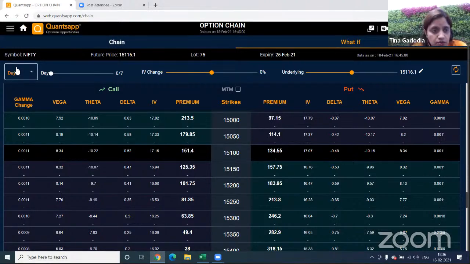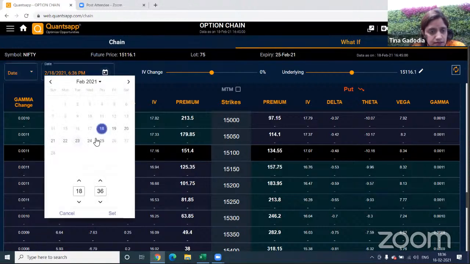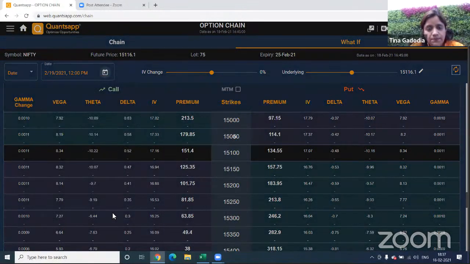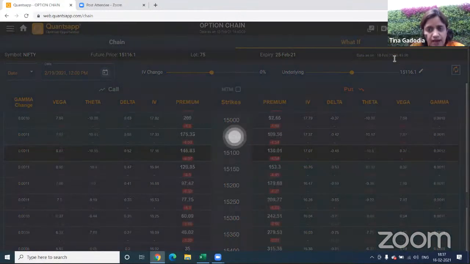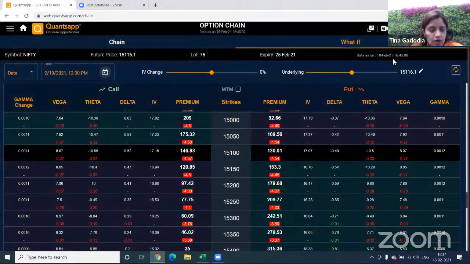Assume I want to take Nifty 25th Feb, the next expiry. If I say by 19th, sorry, by 12 p.m., what would be the price of the option if the market was around the same level? Now you have one full day's part coming, so you see that theta comes into the picture.